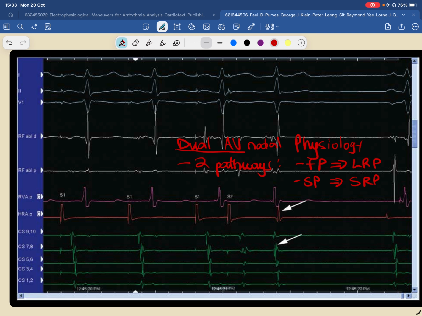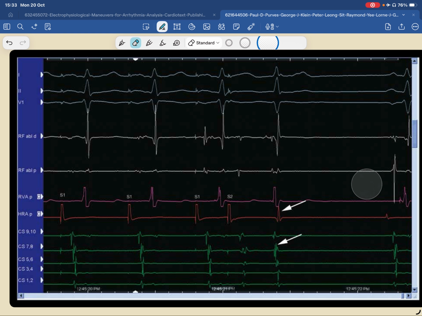Now, how do we then prove dual AV nodal physiology during an EP study? We see that as we give extras, when you do extra stimulus pacing. If you look at the screen here, we are pacing from the high right atrium. So this is our drive train here, labeled S1, S1.